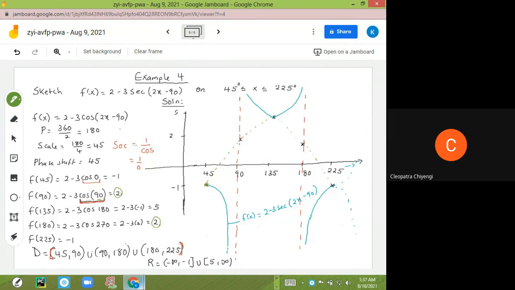Because it's on the asymptote, right? That's the domain. No, sir. Check here. 2 is also there. We've also found 2, but we didn't put it there. We just said 5 going upwards because 2 is part of the range for the sec and not for cos. Oh, all right. Okay, thank you.